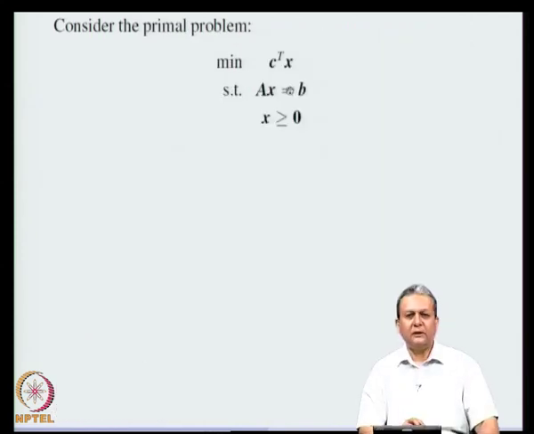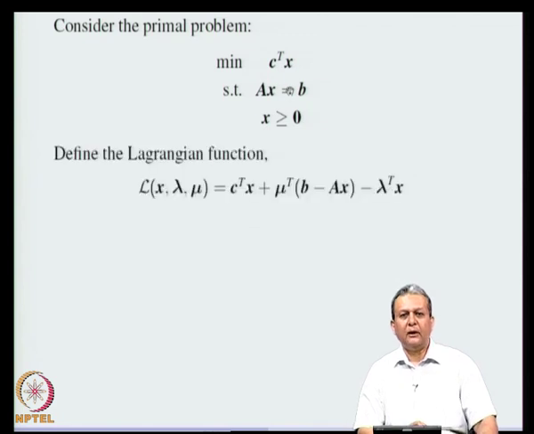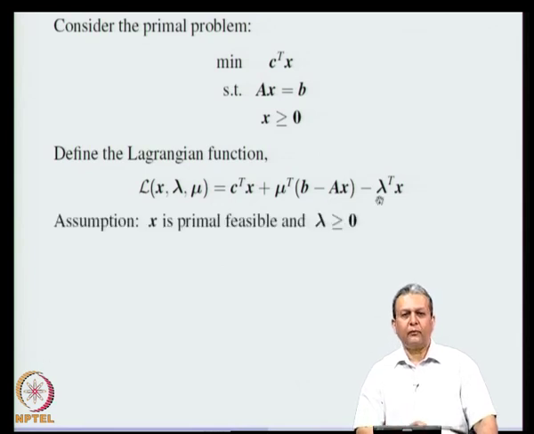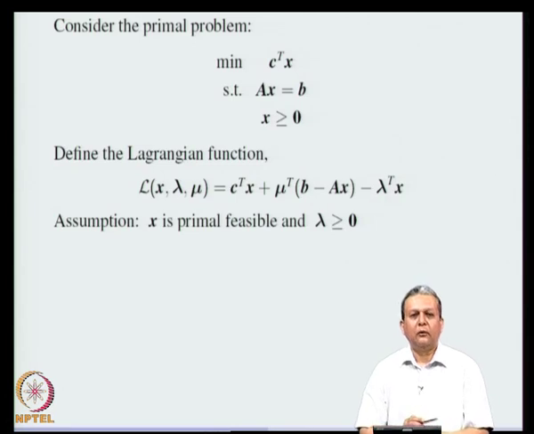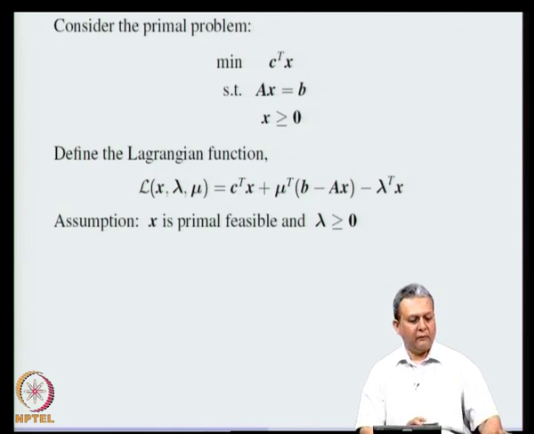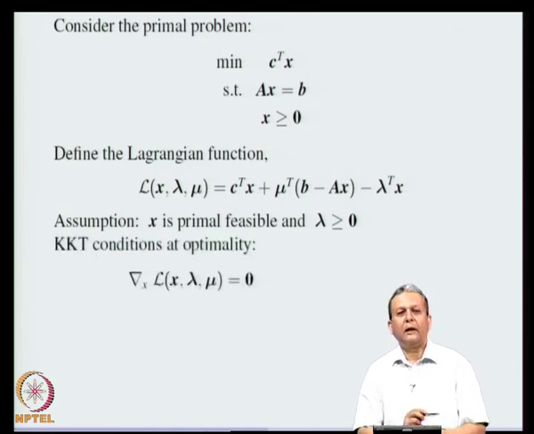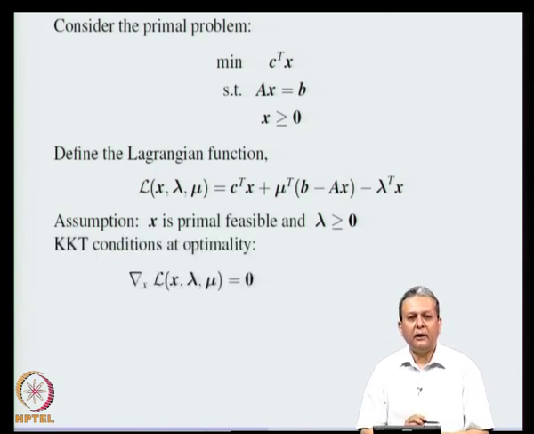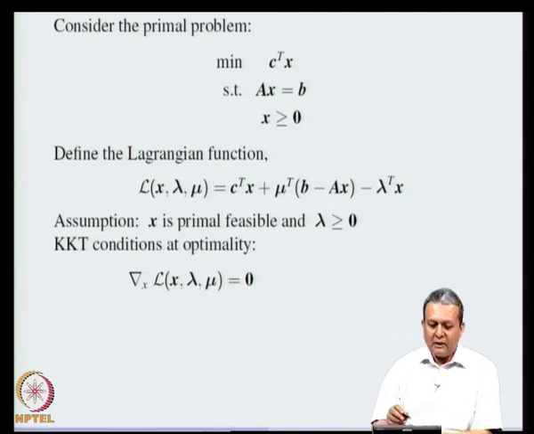So, let us consider this standard linear program and define the Lagrangian to be C transpose x plus mu transpose (B minus A x) minus lambda transpose x. Now, let us assume that x is primal feasible and lambda is non-negative. If we write down the KKT conditions at optimality, one of the conditions is that the gradient of the Lagrangian with respect to the primal variables is 0.